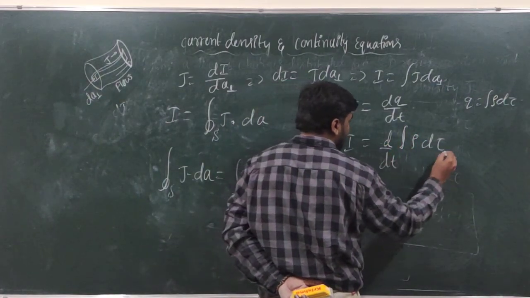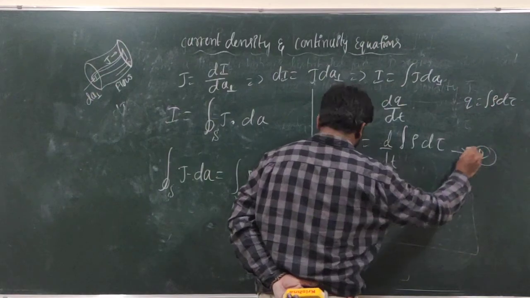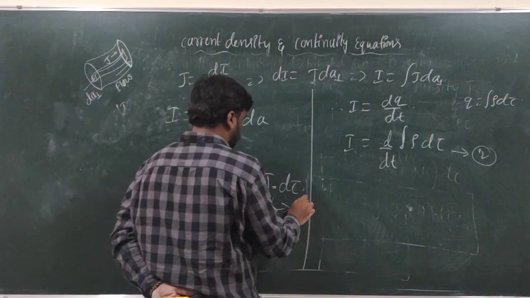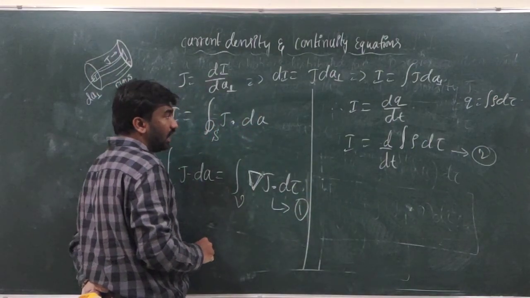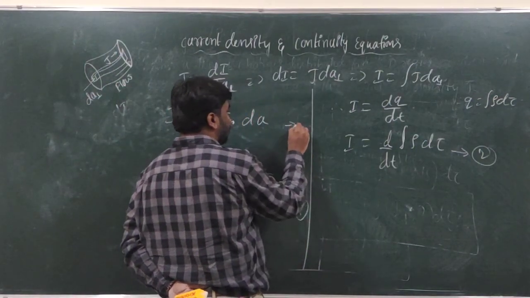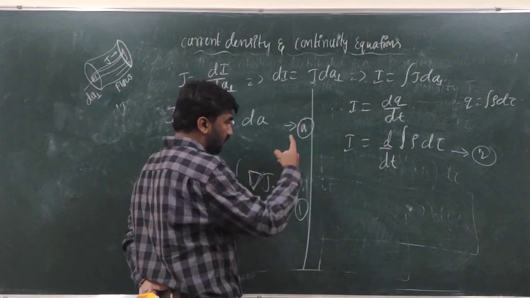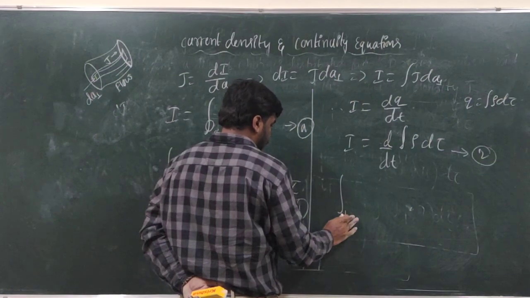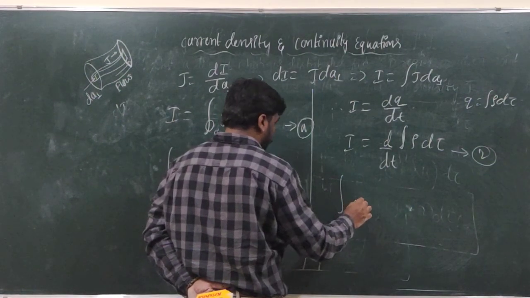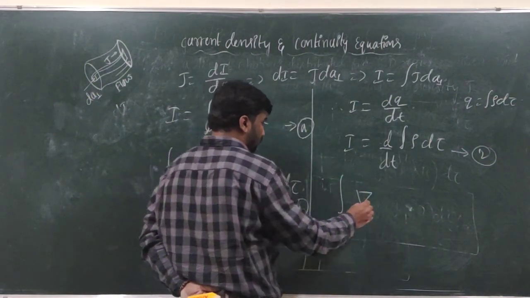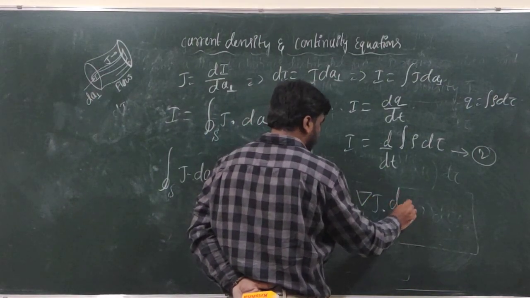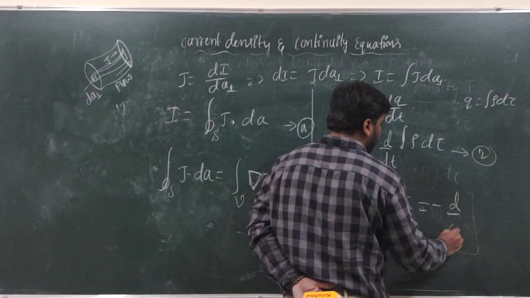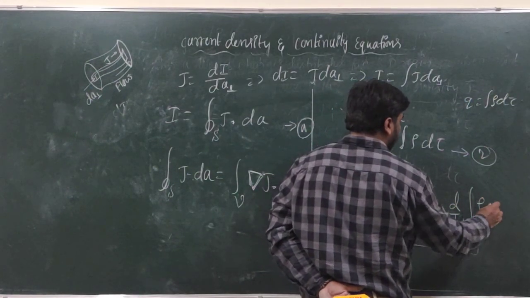Next, from equations 1 and 2, we can write the integration over a volume of del dot J d tau is equal to minus d by dt of the integration of rho d tau.